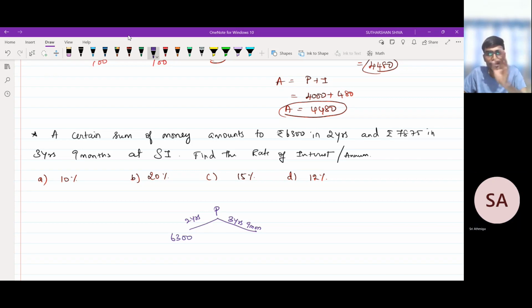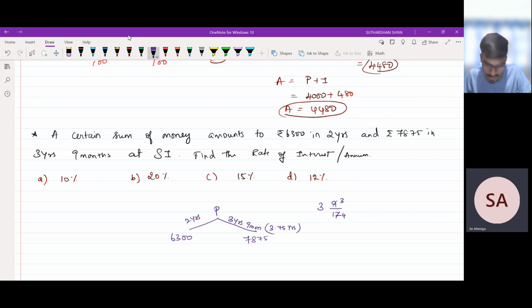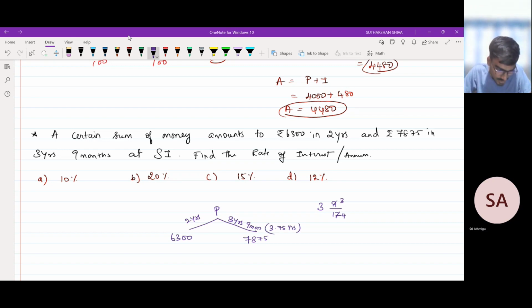What is the 3 years, 9 months value? 7,875. 3 years, 9 months means 9 by 12. If I cancel this, 3 by 4, shall I say it is 3.75 years? Is it right?